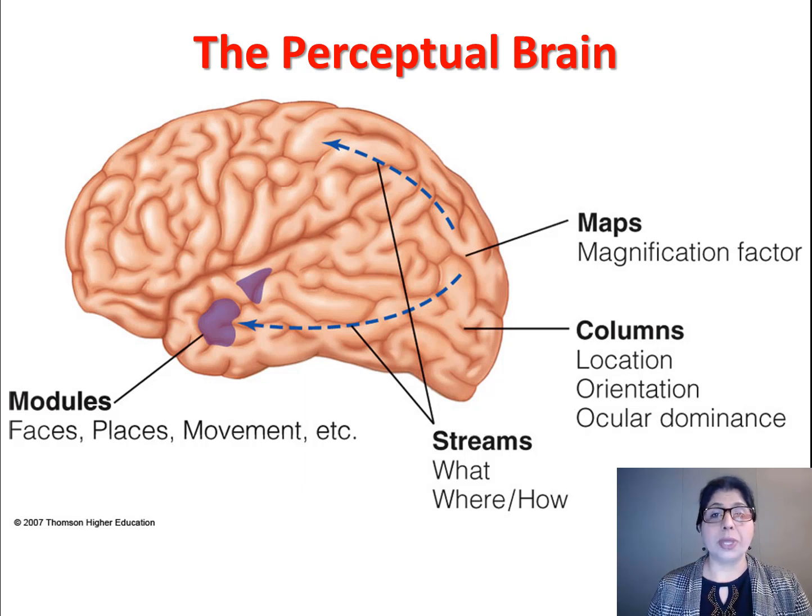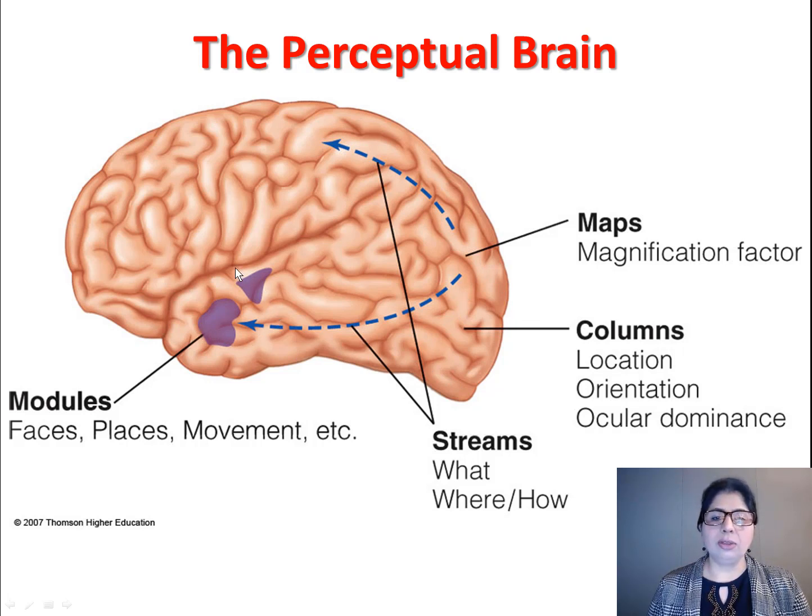Columns within the primary visual cortex also represent dominance depending on the eye from which information is coming, so they may be right or left ocular dominant. Here then we have maps of the visual field. This information is then carried in the ventral and the dorsal streams for further integration.